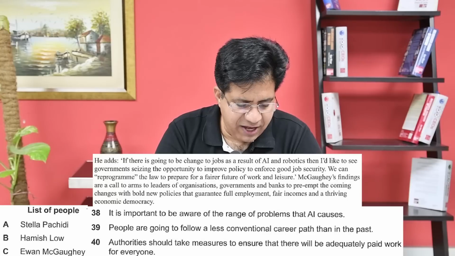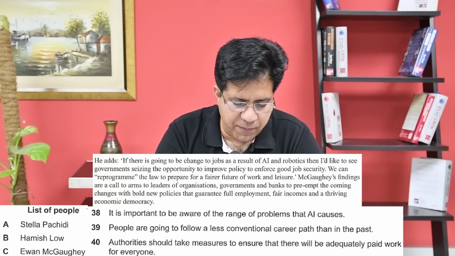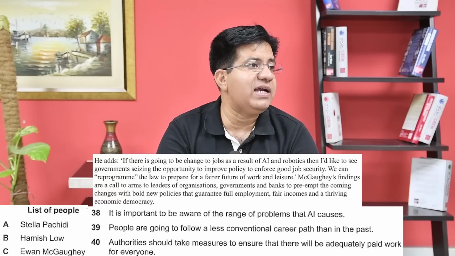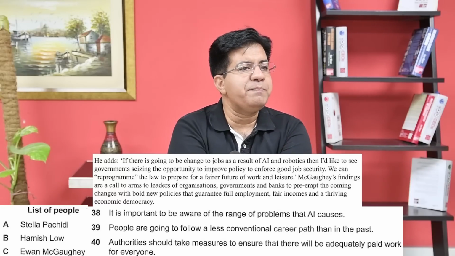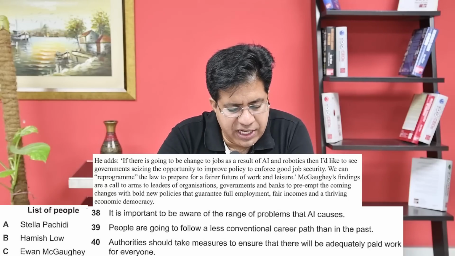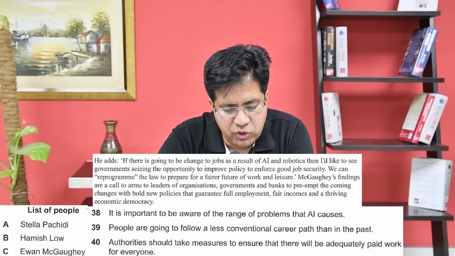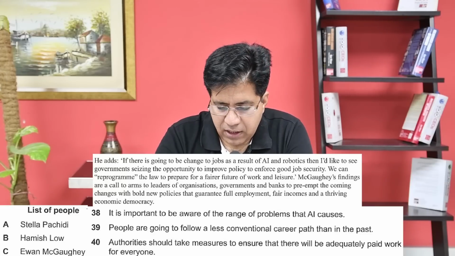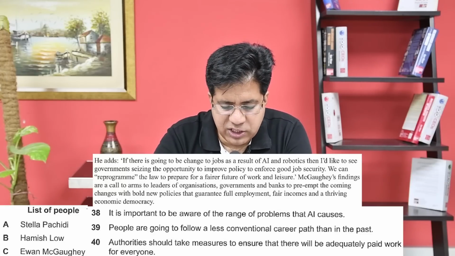He adds, if there is going to be change to jobs as a result of AI and robotics, then I'd like to see governments. This is the option. Government means authority. Government seizing the opportunities to improve policy to enforce good job security. So this is said by Ewan McGaughey. So this is question number 40.